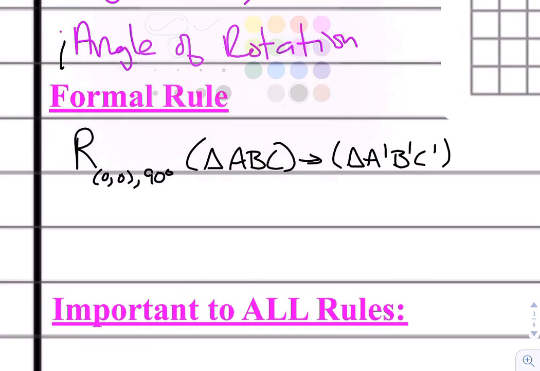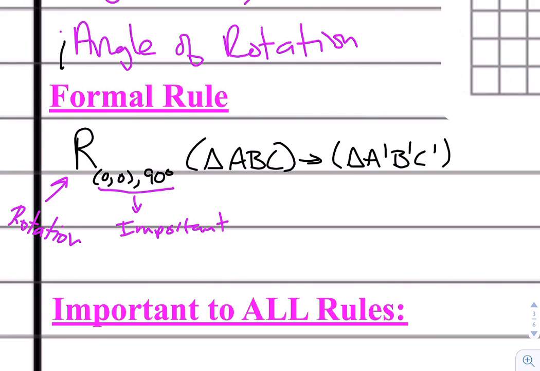Again, to label that, to identify what's going on, the big R stands for rotation. These two pieces are the important information. That's going to be the center of rotation.